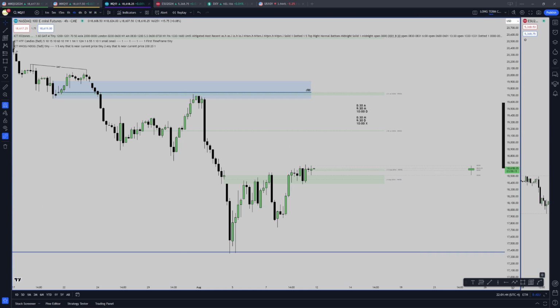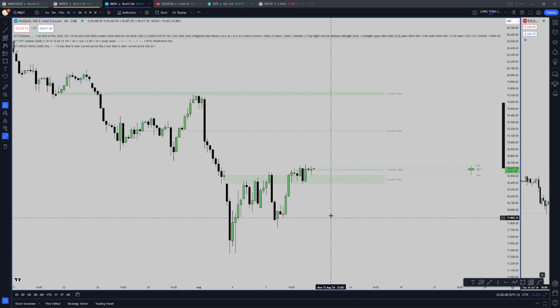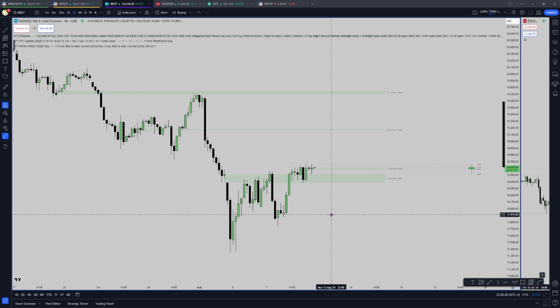Usually you want to see the high of day or the New York AM session high or low be put in by 10:30 to 11, and then the 10:50 macro usually provides a reversal. It all depends on whether or not the draw on liquidity was met.